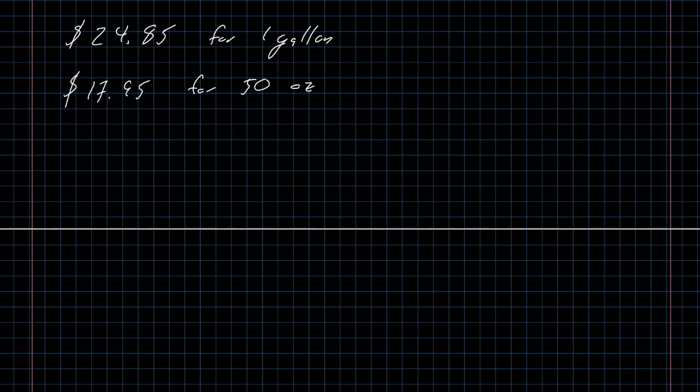And so we have prices of $24.85 for 1 gallon, or $17.95 for 50 ounces. I can write out a unit conversion, or a unit rate, for each of these.